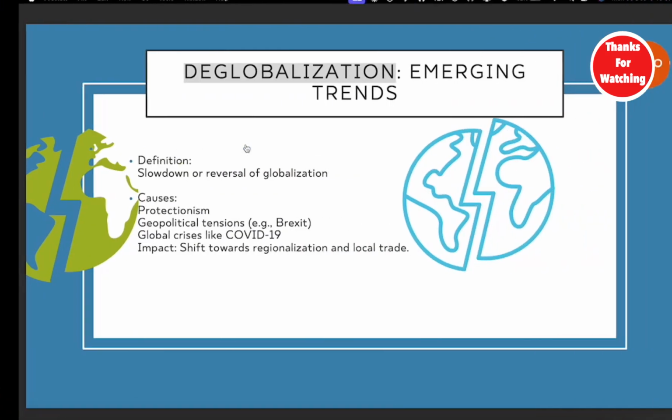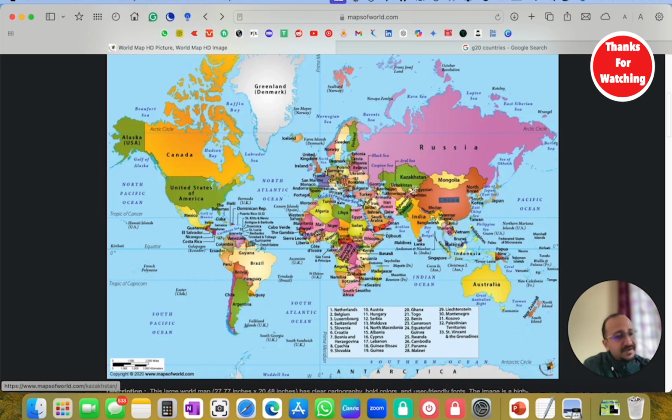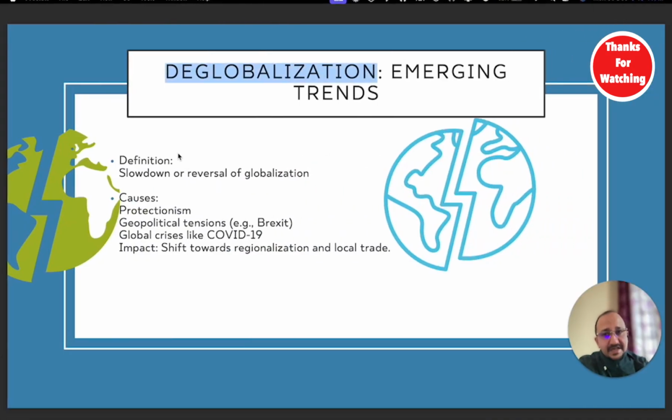Now, countries decided that over-dependence on one country is not good. So they decided to try to reverse this globalization concept. They should become regional, self-dependent, self-reliant, and not be over-dependent on one single country. So this is deglobalization, the opposite of globalization.